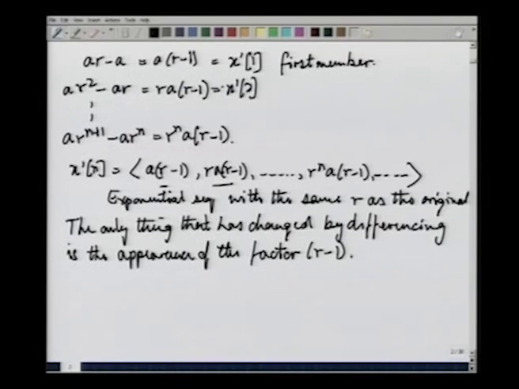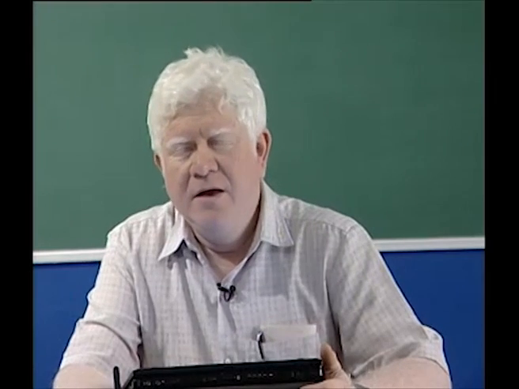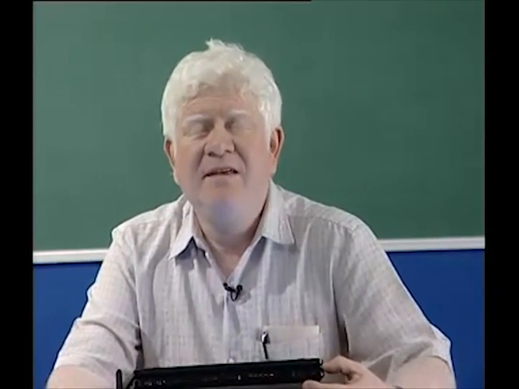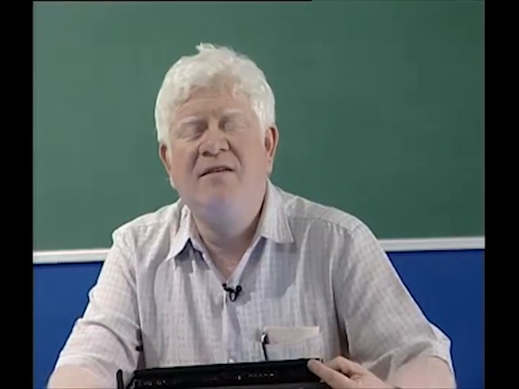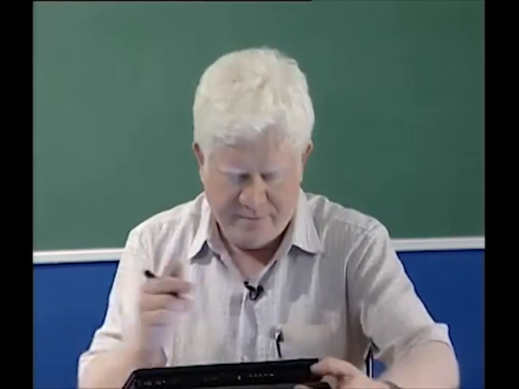That is the only thing that has changed. So, since that is only a change by a constant multiplicative factor, by our criteria this exponential sequence is eligible to be called an invariant sequence under differencing.